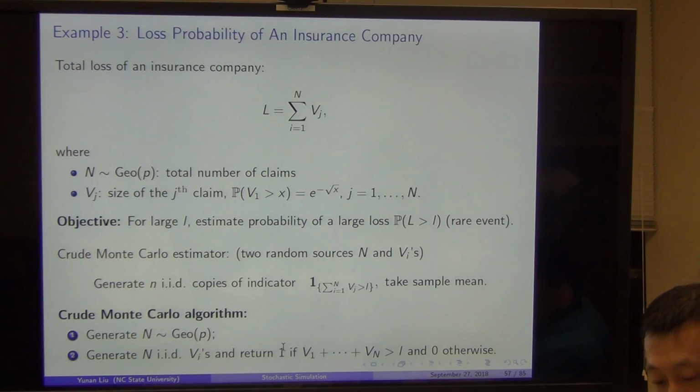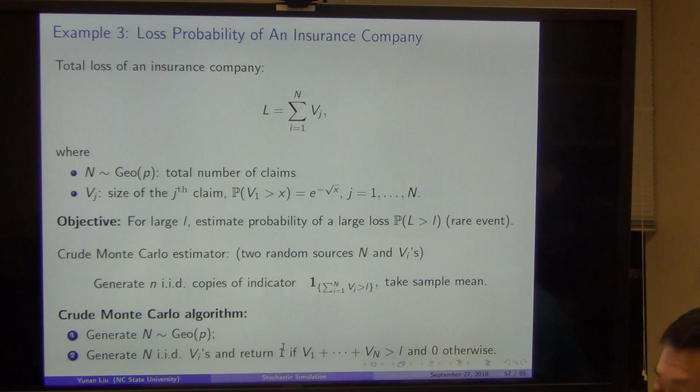Example 3. Consider a loss of an insurance company. Suppose L is equal to the summation of V_j, and N is geometric.